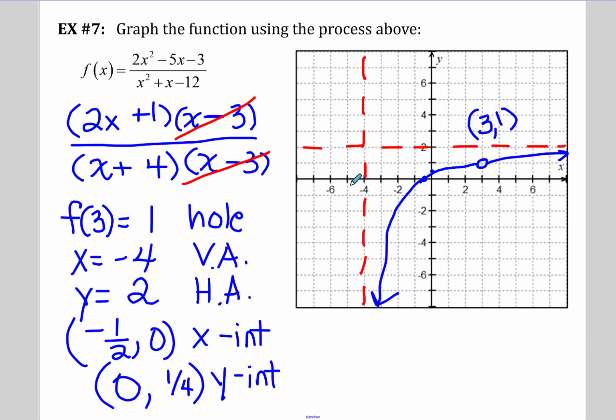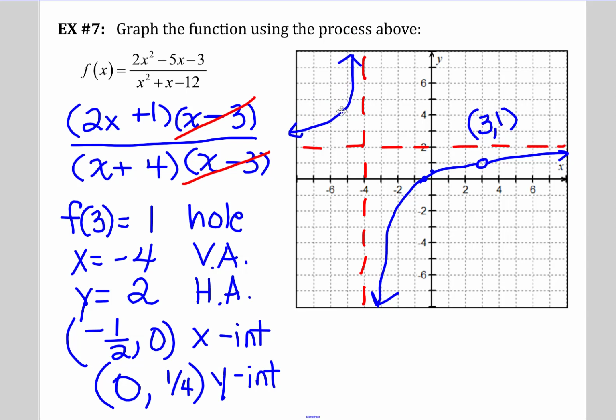And if we tried -5 here, we're going to have a negative number over a negative number. So our y values are going to have to be positive, and they would be up here somewhere without actually plugging it in. It may be that this branch is lifted up somewhere.